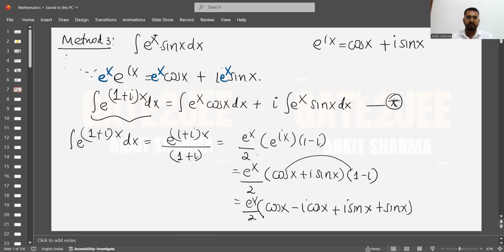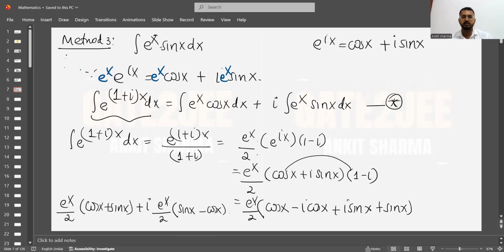So in the next step, we're going to write down the real part and imaginary part separately. This gives me e power x into (cos x plus sin x), that's my real part, plus i times the imaginary part, which would be e power x into (sin x minus cos x).